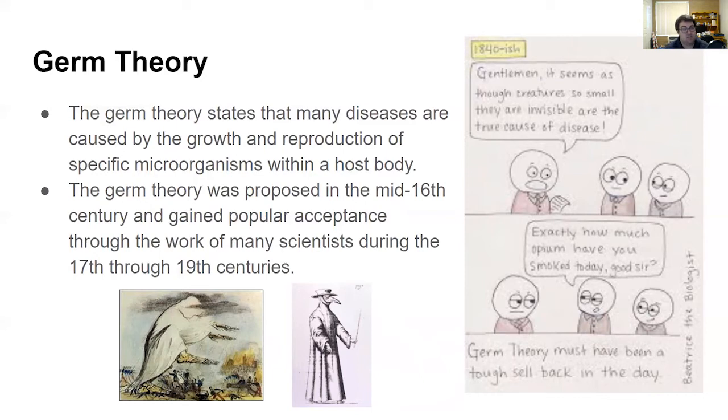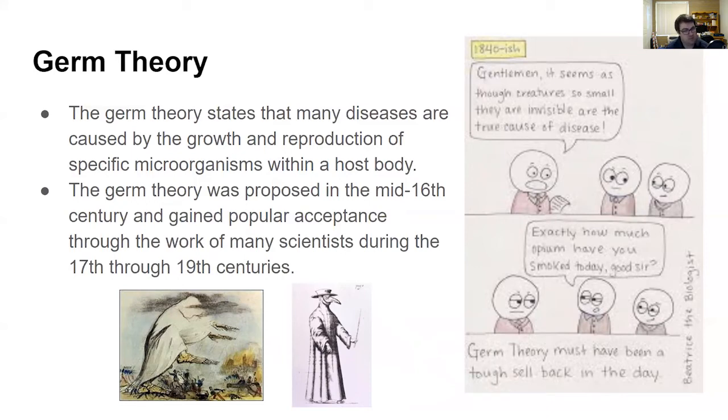And it's the reproduction of that microorganism as part of its own life cycle within a host that is actually causing the disease in that host. Now, prior to this, the leading idea was miasma theory, the idea that the vapors from rotting garbage and decaying material actually cause disease such as plague and so forth to be spread.